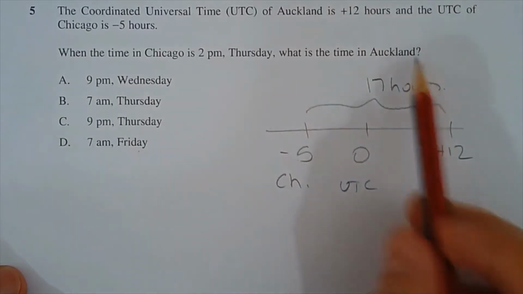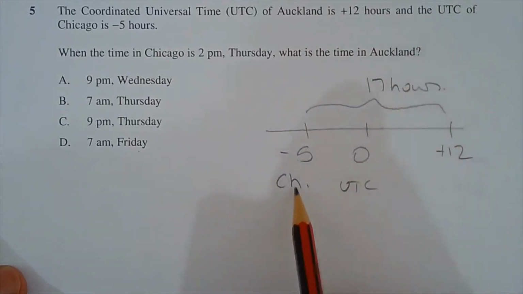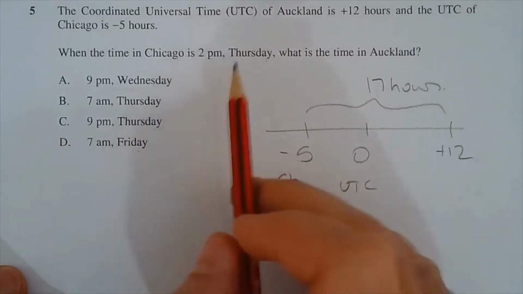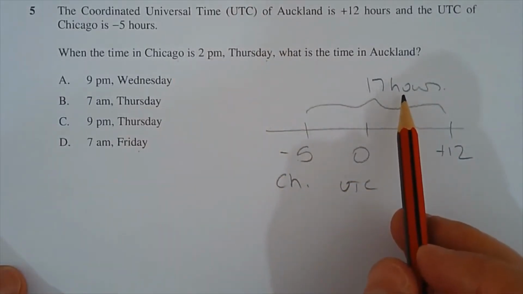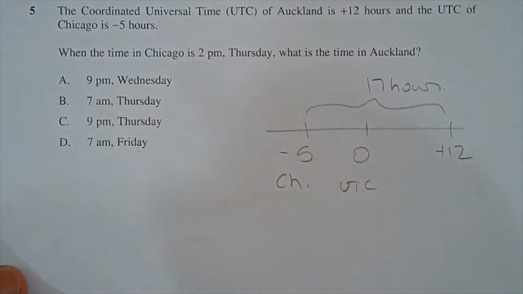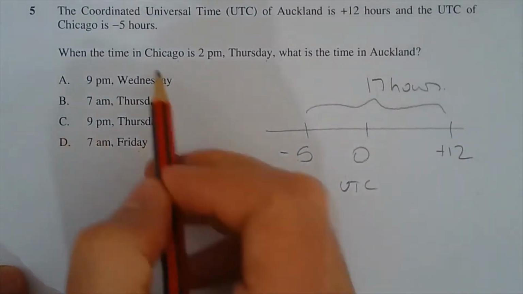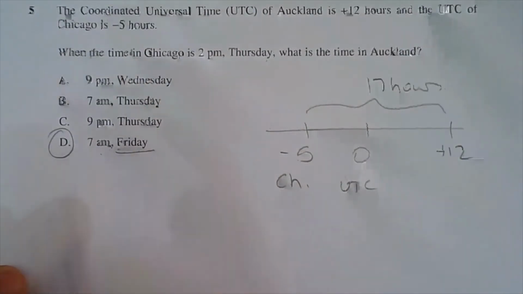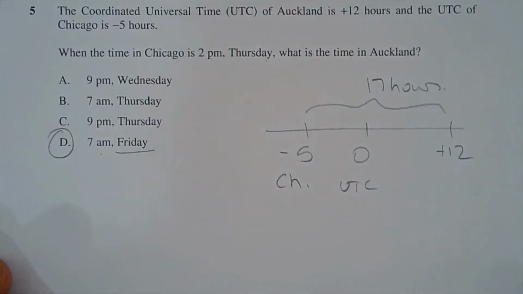That means that Auckland is 17 hours in front of Chicago. So if it's 2 p.m. on Thursday in Chicago, adding another 17 hours to that will give you the time in Auckland, which will actually be on Friday. So in actual fact, the only option that has a Friday in it is option D. So it's going to be 7 a.m. on Friday.